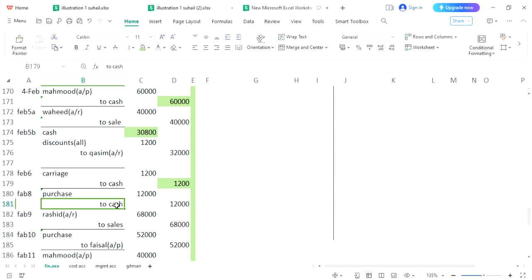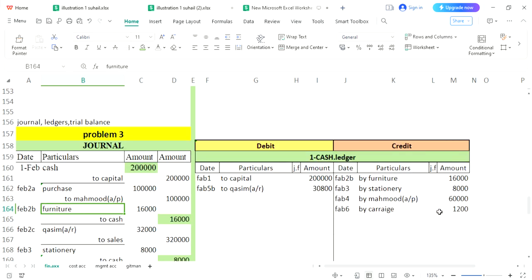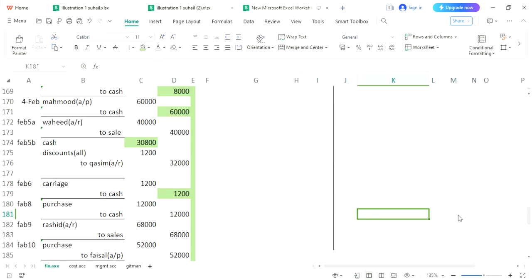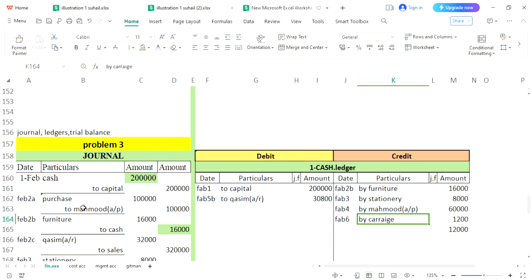Again cash arrived on credit side 12,000. So we will go to the credit side and we'll post 12,000 rupees in credit column. So look what was the reference for this 12,000. Purchase is written on the opposite side. So this purchase will be used for the reference.